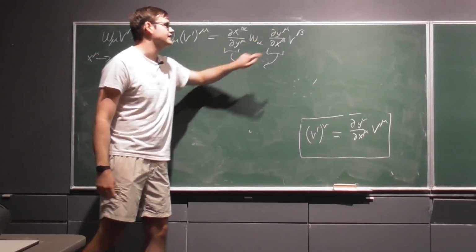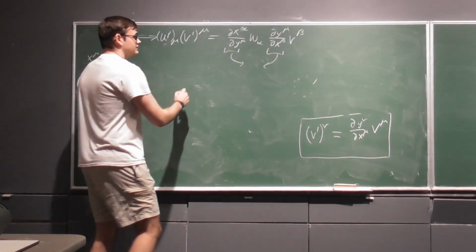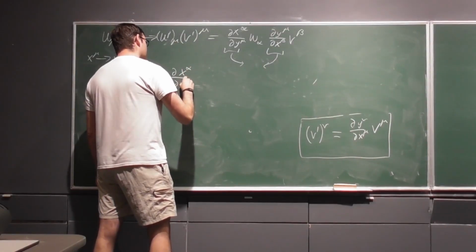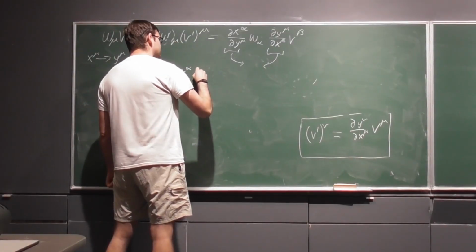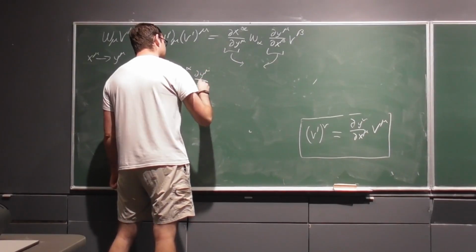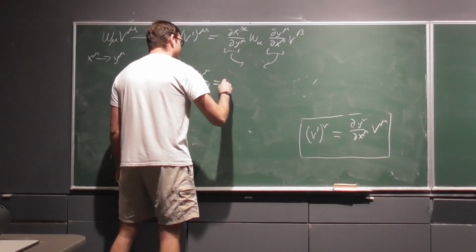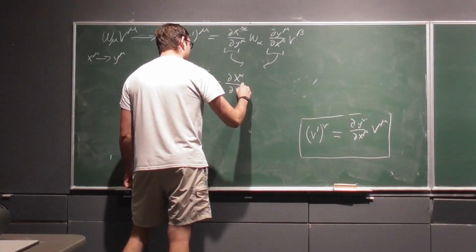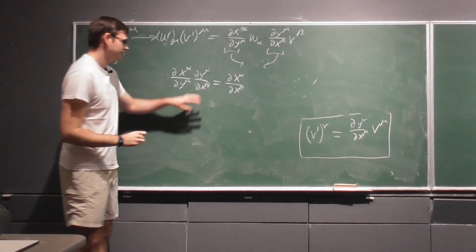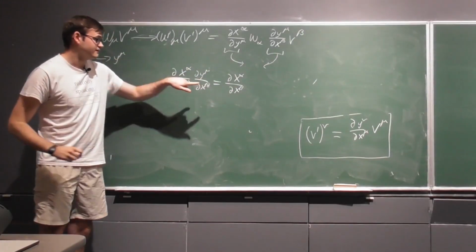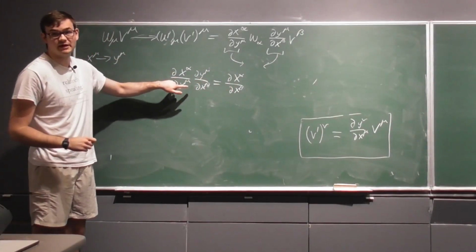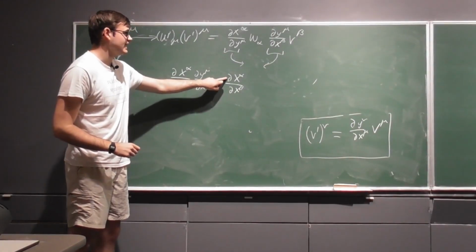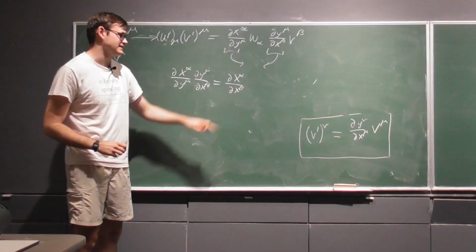Because these are the same index, dx alpha, dy mu, dy mu, dx beta is equal to simply just dx alpha over dx beta, right? That's because this is literally, this expanded in terms of y is by definition this, okay? Now, what is dx alpha dx beta?